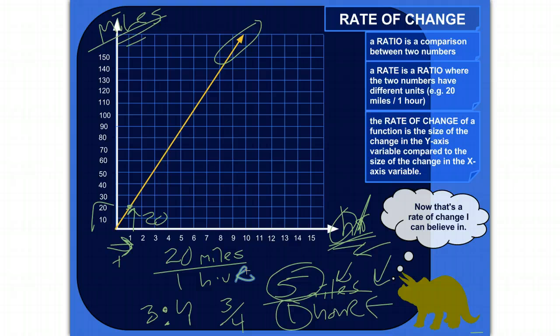That's showing how my distance in miles is changing much more quickly than my hours are changing. So that's why this graph is steep like that. But you'll get into that. The main thing is how this variable is changing with respect to this variable, and the comparison between the way in which the two are changing is called the rate of change.